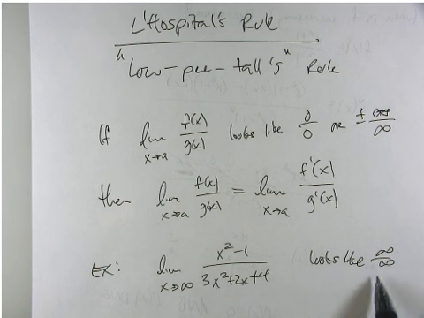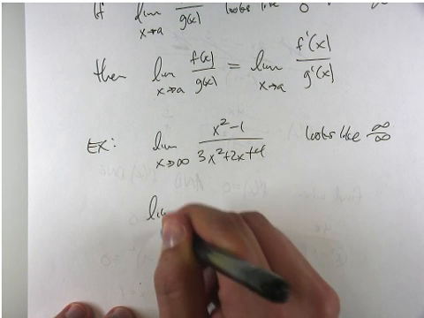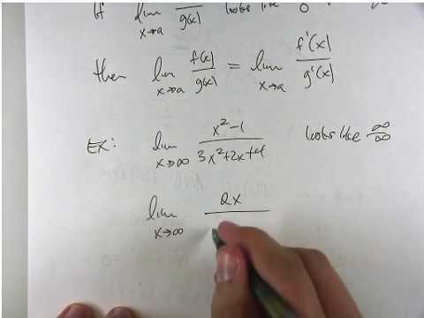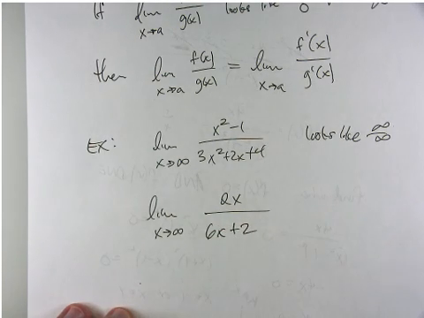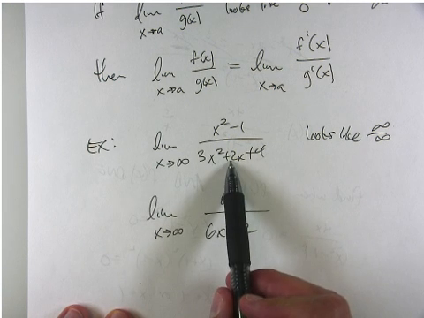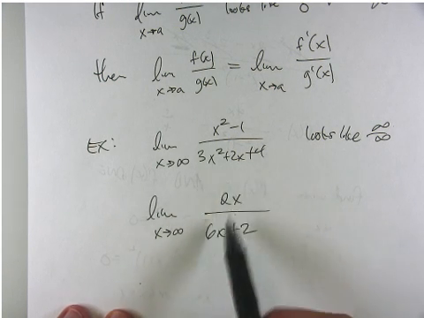So it looks like infinity over infinity. L'Hopital tells me that this limit is the same as the limit of 2x divided by 6x plus 2. I can take the derivative of the top, which is 2x, and the derivative of the bottom, which is 6x plus 2, and these limits are exactly the same.